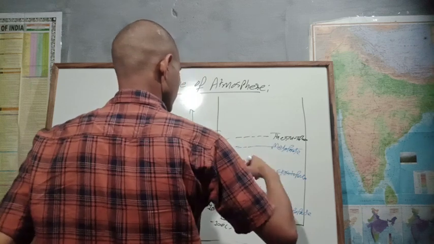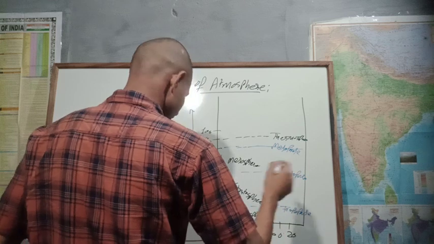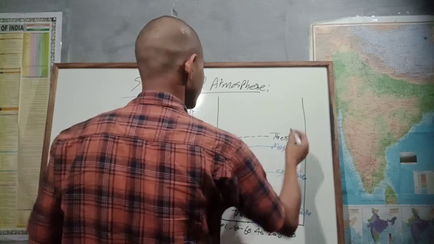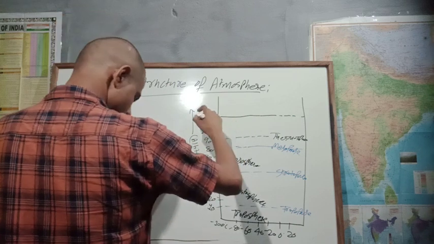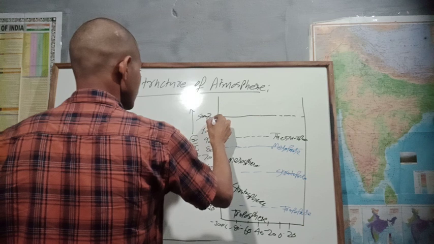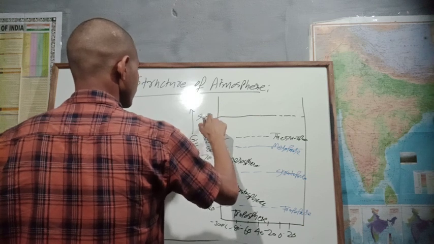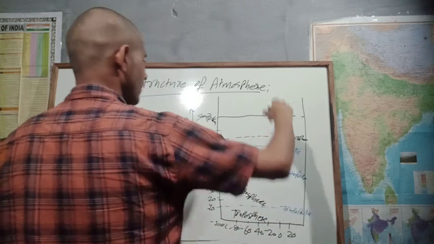Then we have this thermosphere. It is up to, let's say, 500 to 700 kilometers. Then we have exosphere.